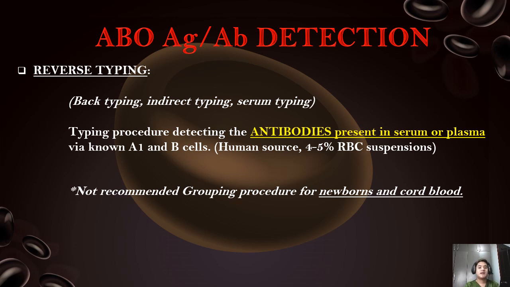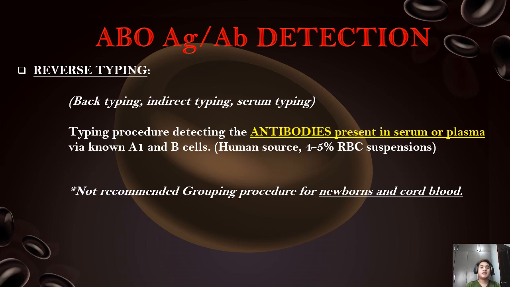So, okay, class, let's review. This is an important board exam pointer, so make sure to listen, class. Your serum contains antibodies, which is basically what we are detecting in reverse typing with the use of known red cell antigens. And remember that newborns develop a detectable ABO antibody titer at the age of 3 to 6 months after birth.